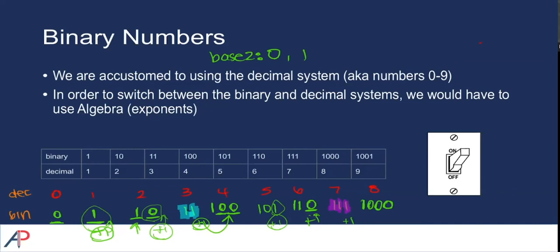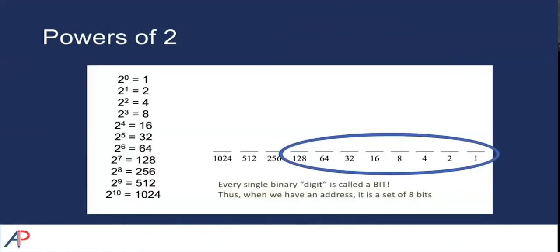In order to switch between the binary and decimal systems, we would have to use algebra. This is where the math is going to come in. Hopefully you have a piece of paper and a pencil to write with so you can follow along. So let's talk about the powers of 2.